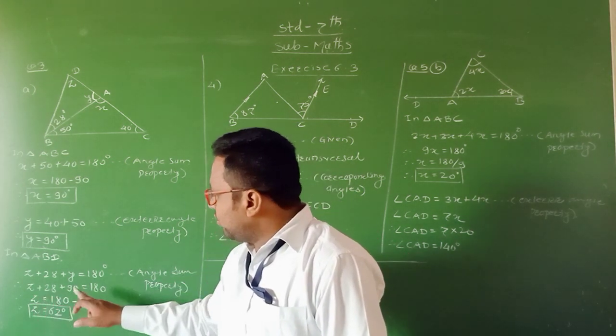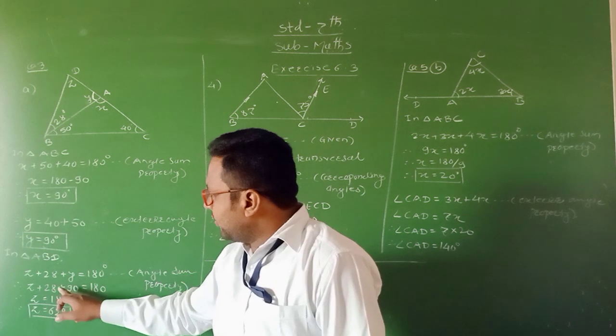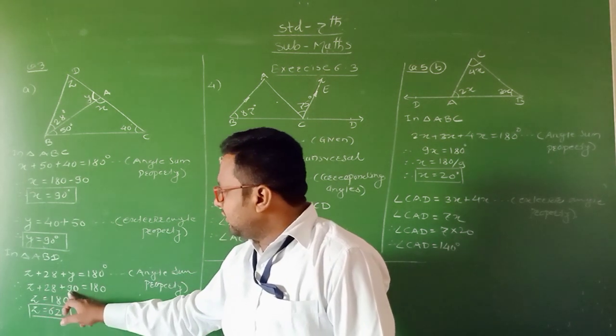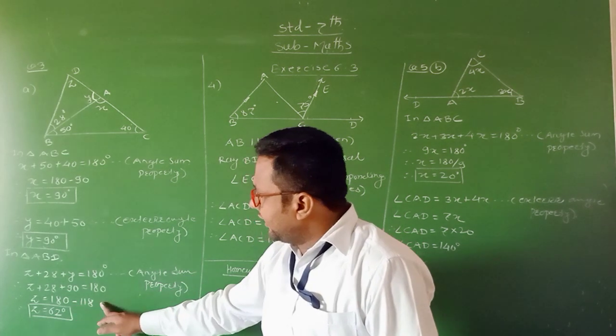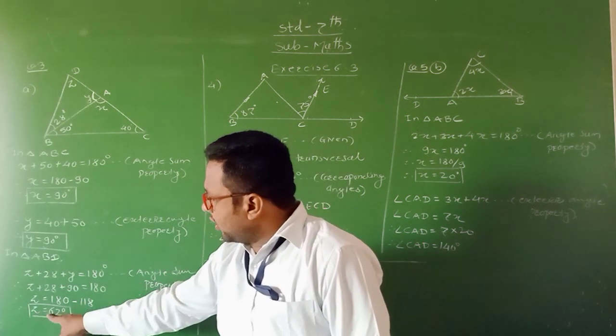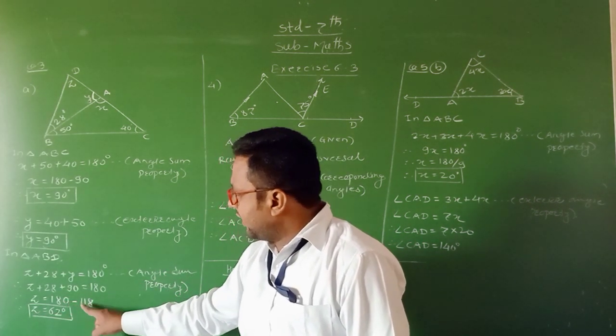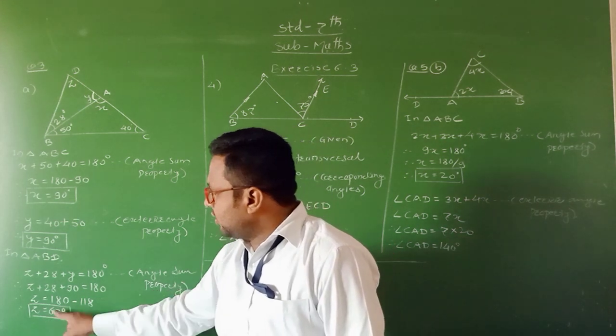The sum of these is 118. We transfer 90 plus 28, it becomes minus 118. Then z is equal to 180 minus 118, which is equal to 62.